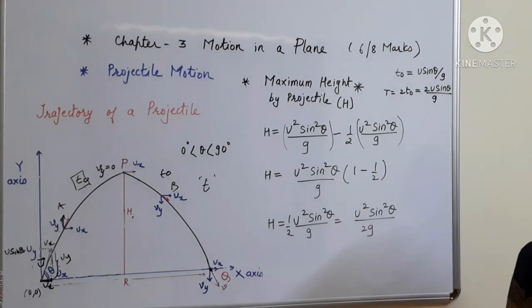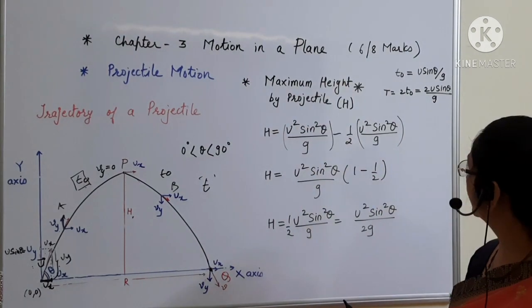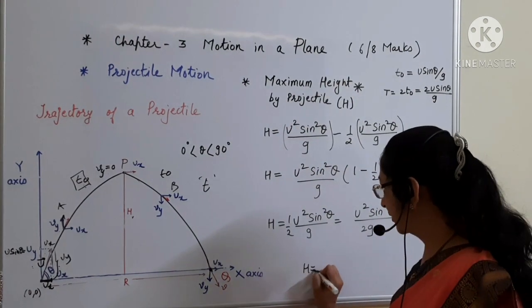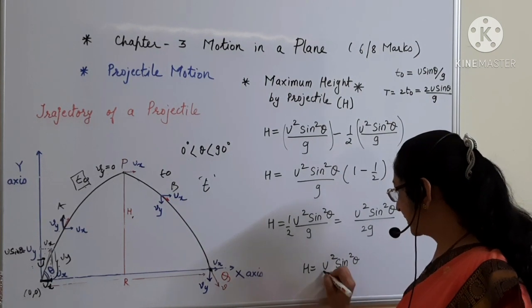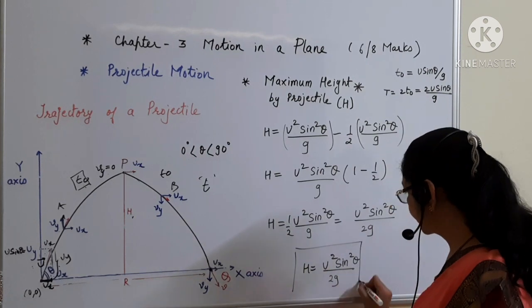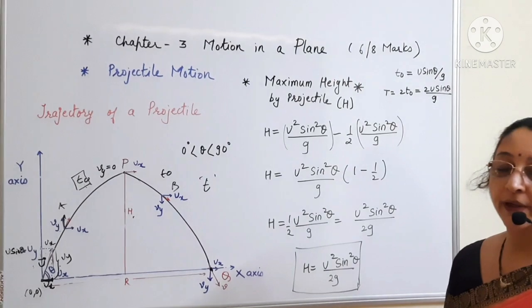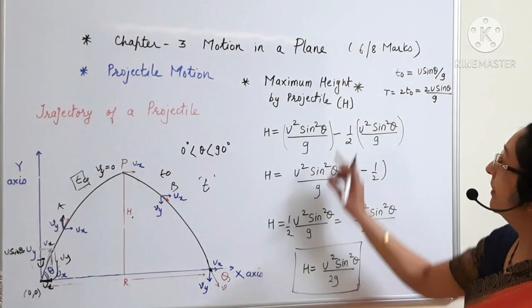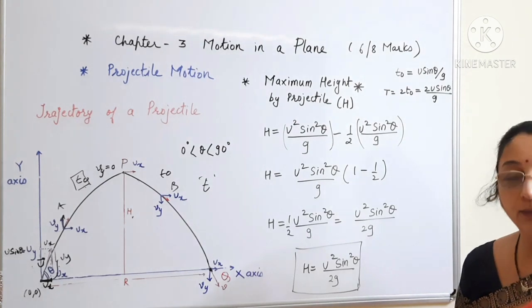So this is the formula for the maximum height of the projectile. So h is equal to u square sin square theta upon 2g. This is the expression for the maximum height of the projectile in projectile motion.